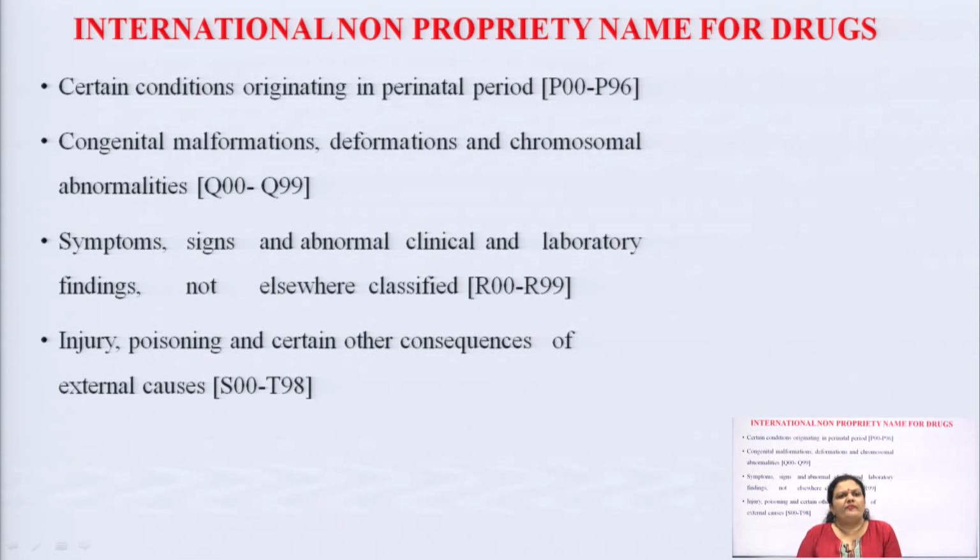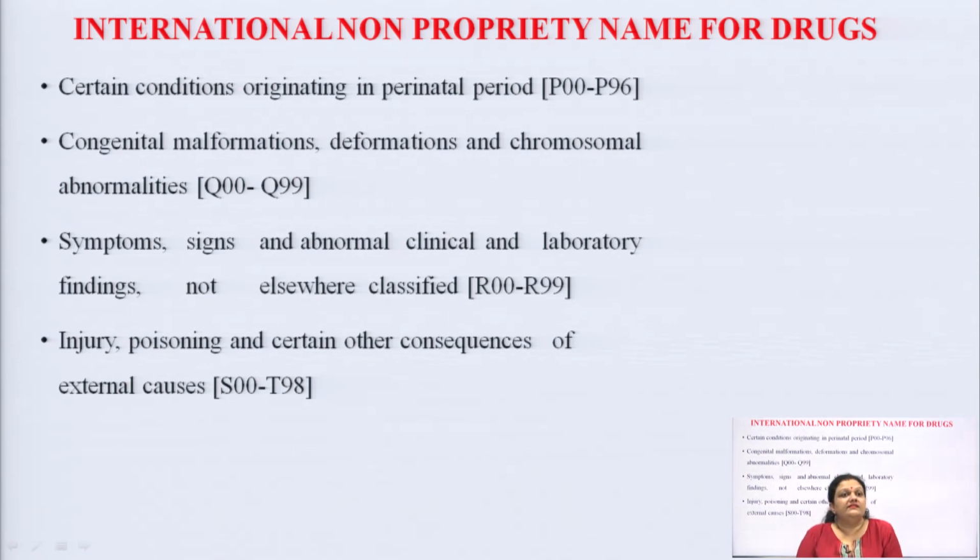Then we have cleft palate or abnormal feet and the chromosomal abnormalities. So, for this we are going to study the mutagenic as well as genotoxic agents. Okay, students, and these diseases are classified as capital Q00 to Q99.